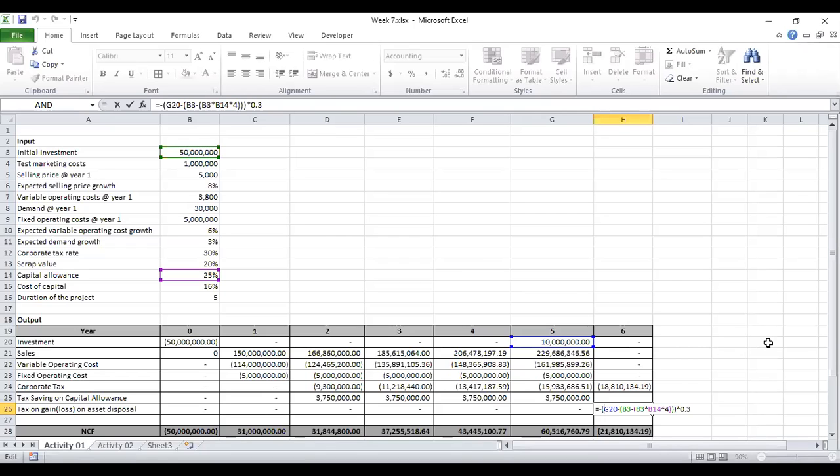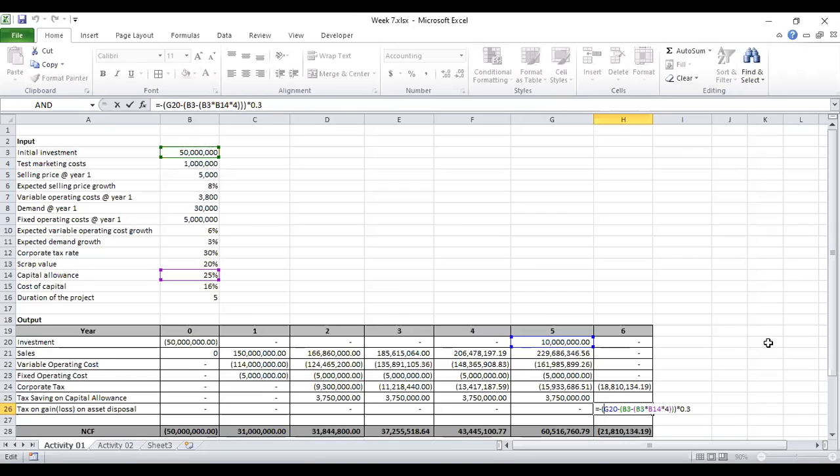The scrap value we computed earlier was found to be 20% of the initial investment, computed as 10 million. So at the end of the 5th year, you are selling this particular asset for 10 million.